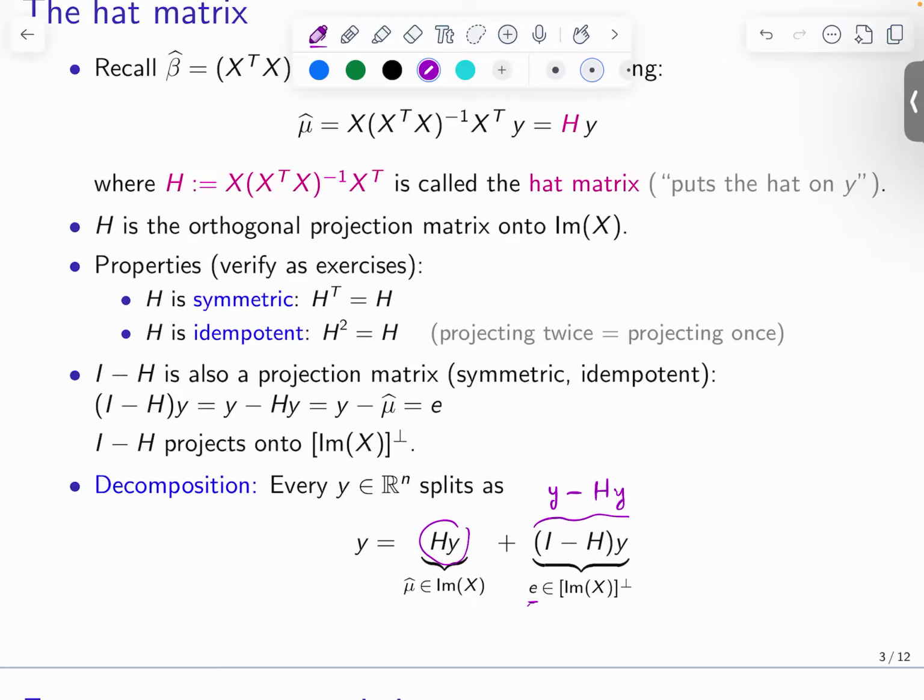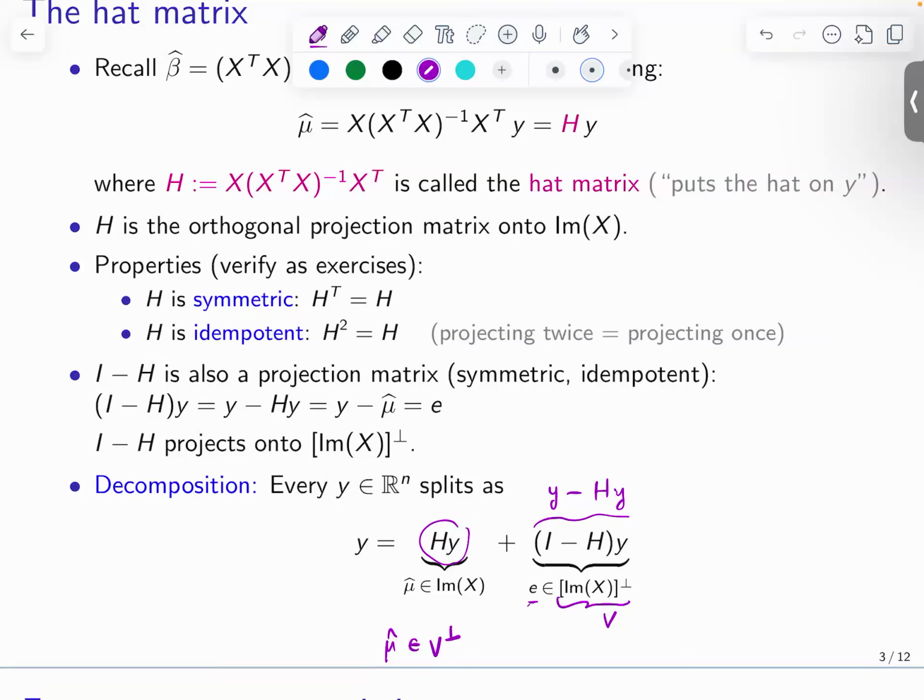But the decomposition is kind of symmetric. Whether you treat this as the projection and this as the error is in the eye of the beholder. So you can look at this as the projection onto the image of X perp and this as the error. Why? Because I can think of this as a V, as a subspace, and I note that mu hat is in V perp.